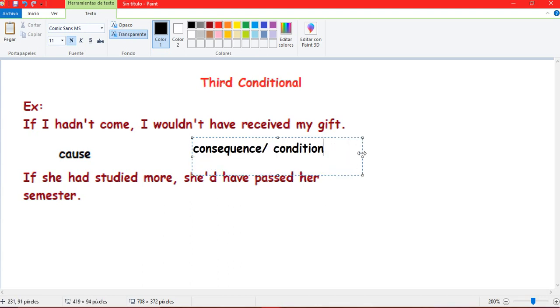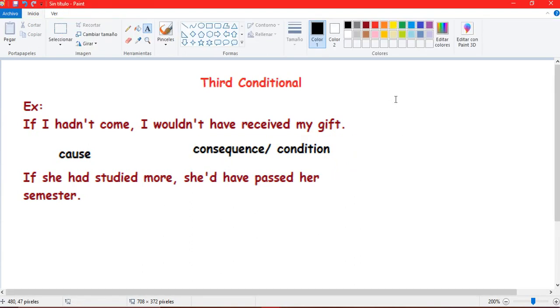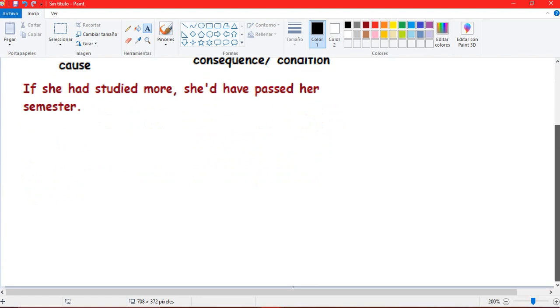So in this case, if I hadn't come, or if she had studied more, is the cause. I wouldn't have received my gift, or she'd have passed her semester, is the consequence or the condition in this case.